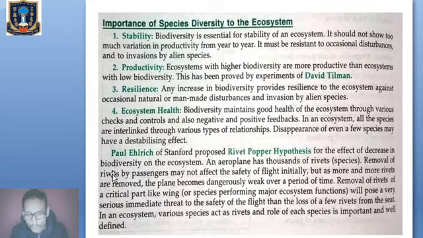According to the hypothesis, he said that an aeroplane has thousands of rivets. So he compared the rivets of an aeroplane with the species in our ecosystem. Removal of rivets by passengers may not affect the safety of the flight initially. At the beginning, when the passengers start removing the rivets, there will be no such effect, no danger regarding the safety of the flight.